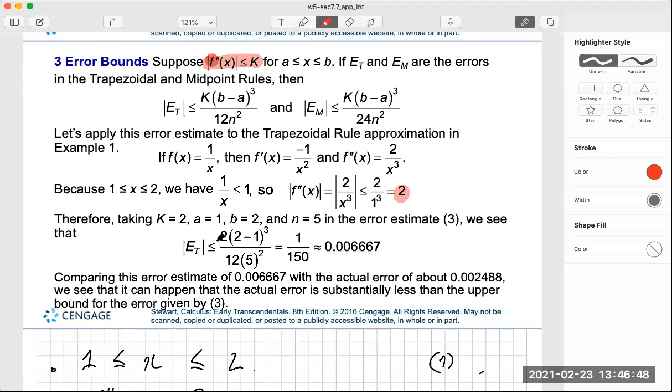In this case, if n is 5, then the error will be like this, okay? You can do similar things to find the error of the midpoint rule, okay?